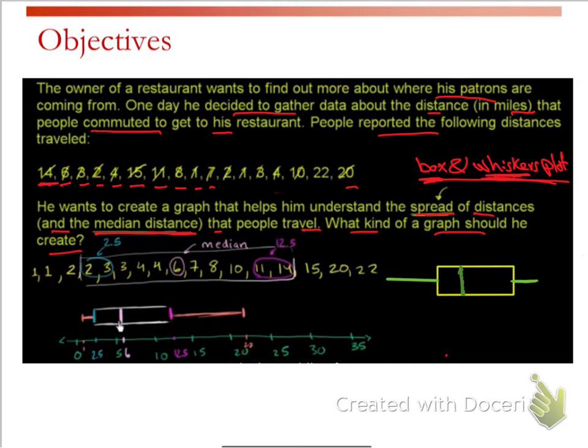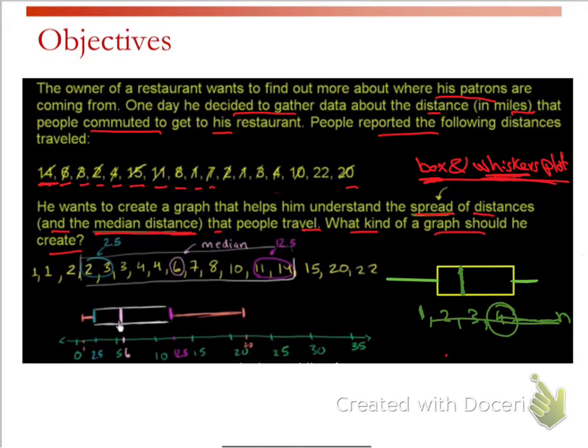So this median, as per the definition of the median, if you remember from high school or secondary school, to get the median we used to arrange the data in ascending order, like 1, 2, 3, 4, and so on. Arrange them and then see the number in the middle, okay?